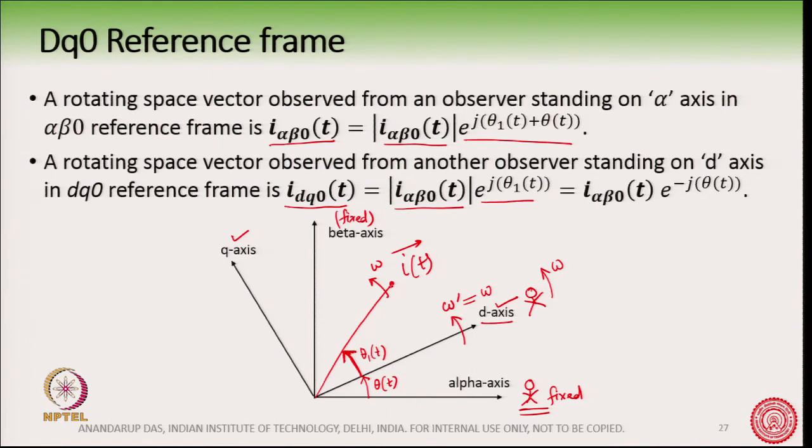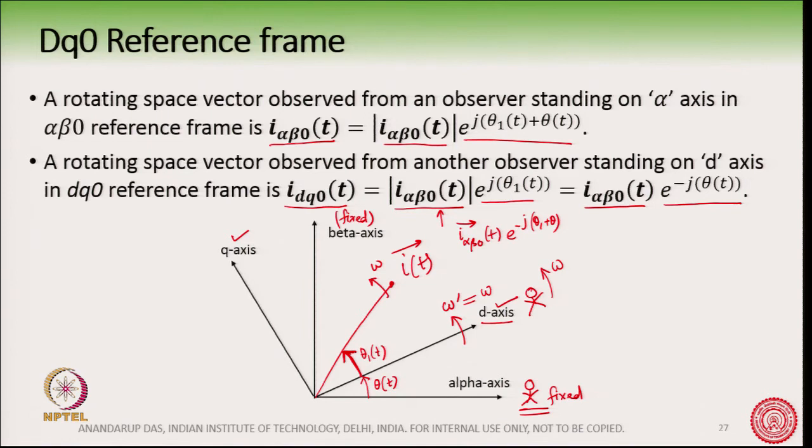So, you will observe this space vector standing here on the d axis as e to the power j theta 1. Substituting, I alpha beta 0 t is nothing but I alpha beta 0 t, the vector thing, e to the power minus j theta 1 plus theta. You substitute here and simplify, and you will get I dq0 is I alpha beta 0 into e to the power minus j theta t.